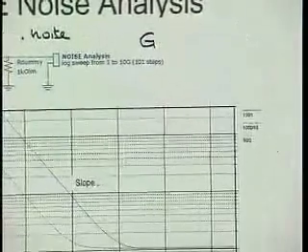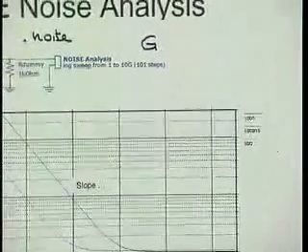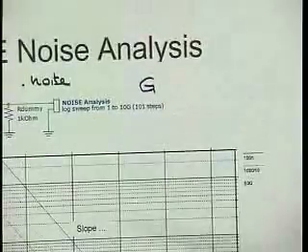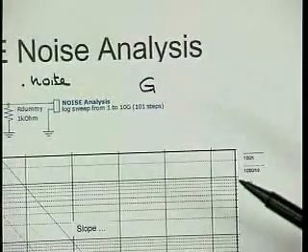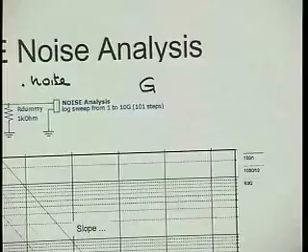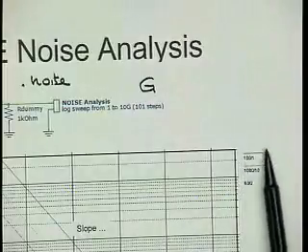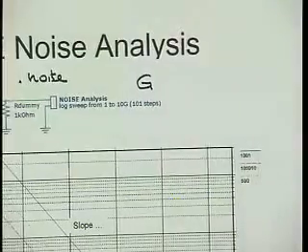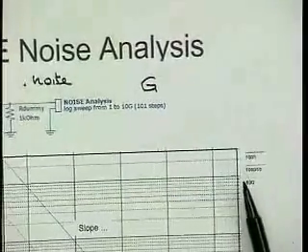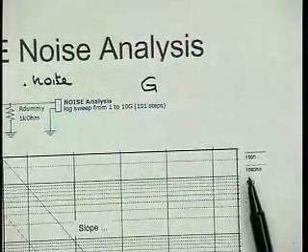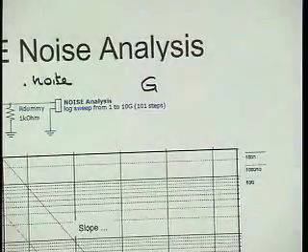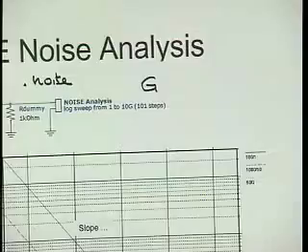Anyways, I ran a bunch of simulations here, and the noise corner changes as a function of this. Basically, if I increase the size, and if you mill through the equations you can see that also, if you increase the size of the transistor, the gate area, then the noise corner frequency shifts down.